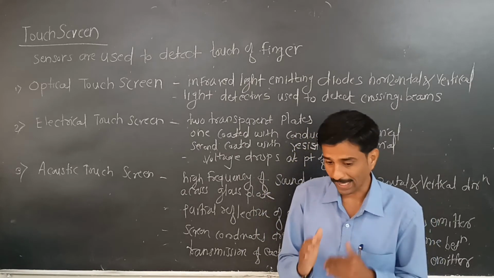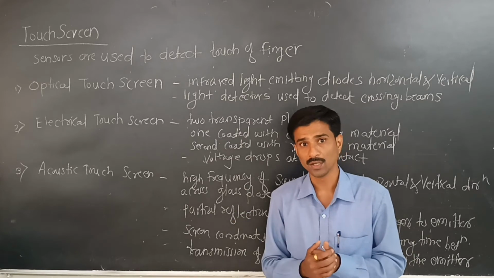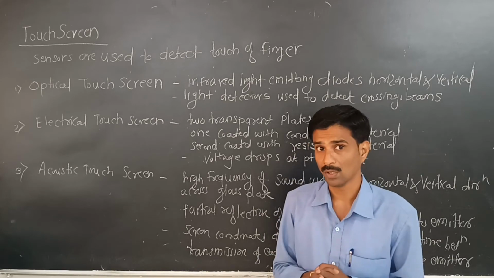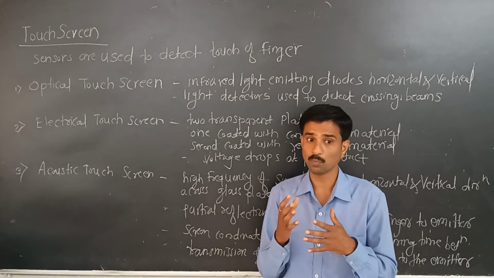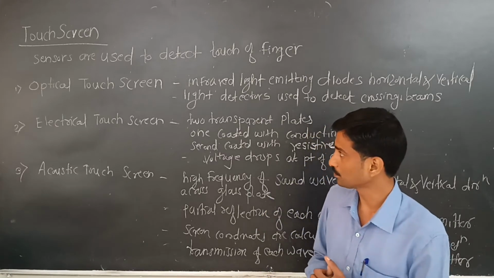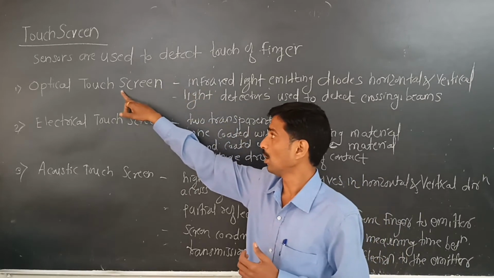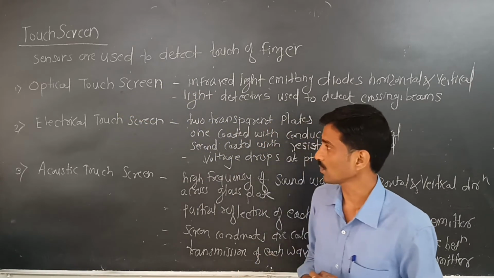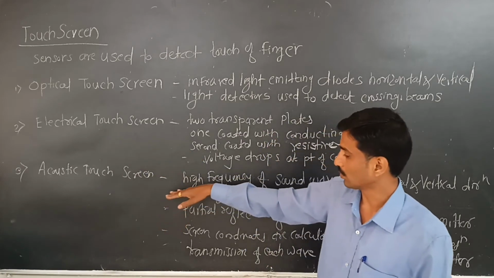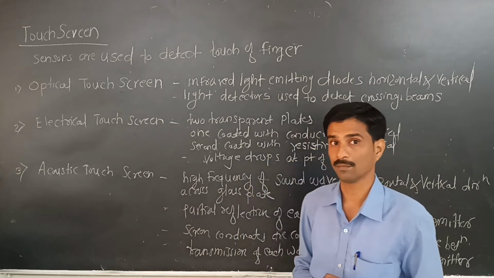To calculate that point of contact, the x and y coordinates, touch screens are classified depending on how the point of contact is detected. They are classified into different types. First is optical touch screen, then electrical touch screen, and third is acoustic touch screen.